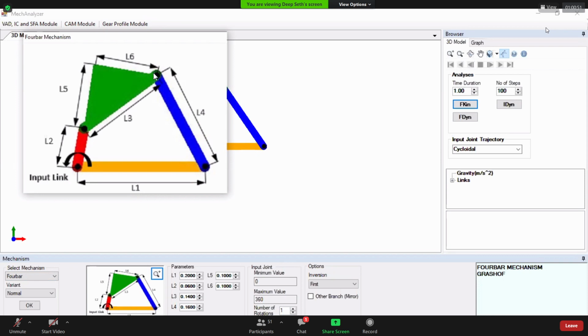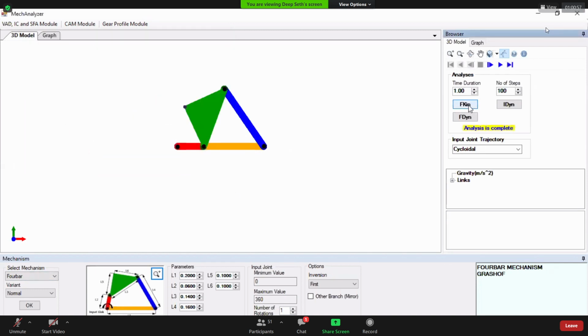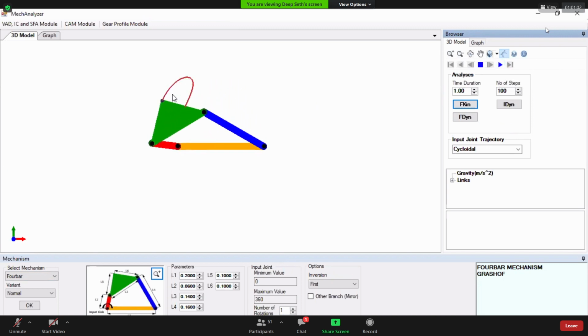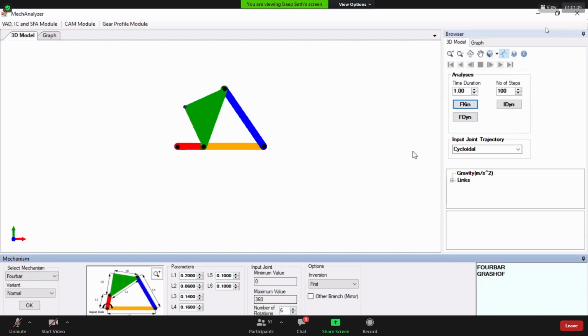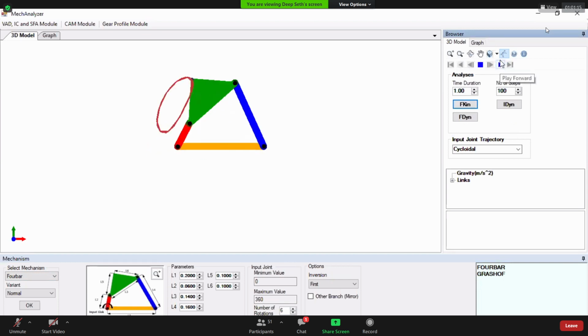This is actually making your coupler, but otherwise your link should be straight like this. Let's see it. So this is how it is making a curve. Even if you repeat this motion a number of times, you will get the same. So this is your coupler curve.